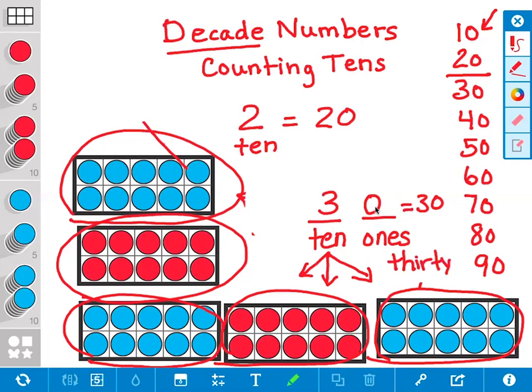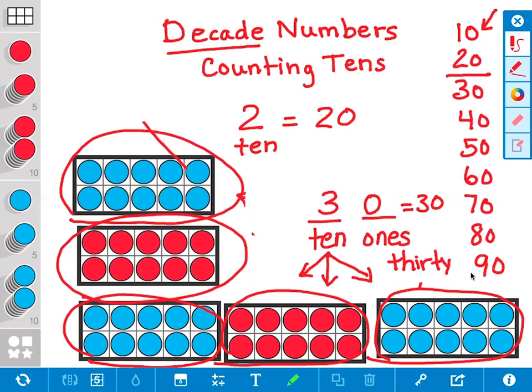Another decade number. Your decade numbers are 10, 20, 30, 40, 50, 60, 70, 80, and 90. So all groups of 10, and you can see the 10 frames, they're full because it's a whole group. So if you were to do 40, you would have 4 full groups of 10.